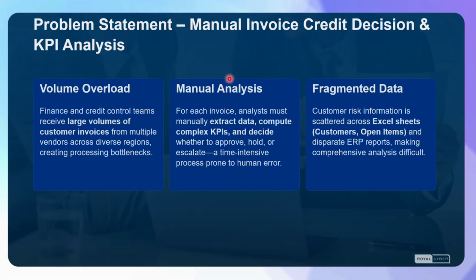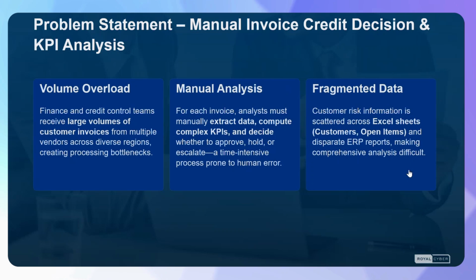So let's talk about the problem statement which we have, like what are the drawbacks of manual invoice credit decision and KPI analysis. So first of all, we have a volume overload. There are a lot of invoices coming on a daily basis to be processed. We need to manually extract the information from the invoice, like what is the invoice number, what is the pending amount, and we need to do a manual analysis of this.